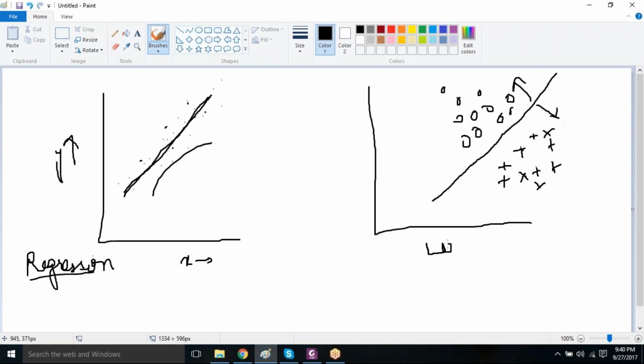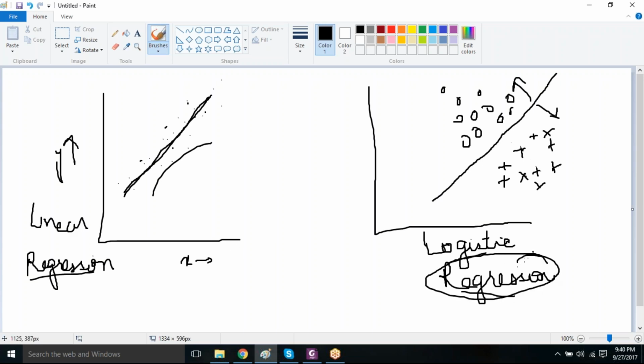So they named it logistic regression, because they thought this is also some kind of regression. Like we were fitting a line in linear regression, similarly we are trying to fit a line here, so they call it regression. But the regression term is a misnomer here.